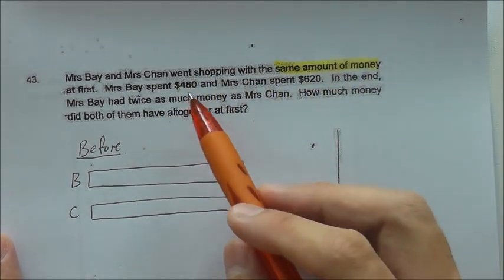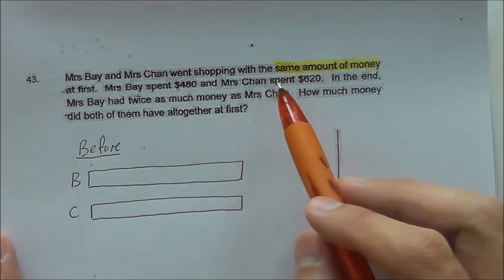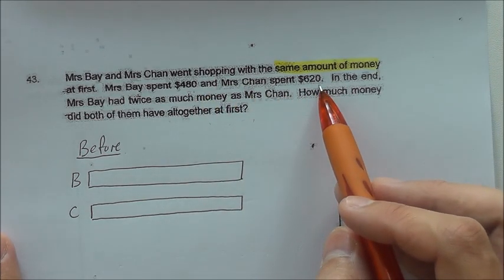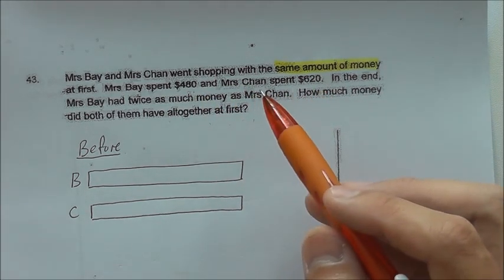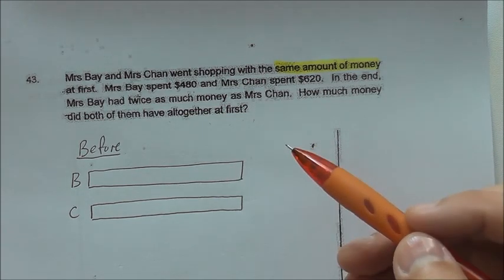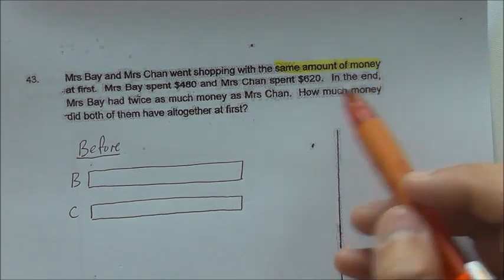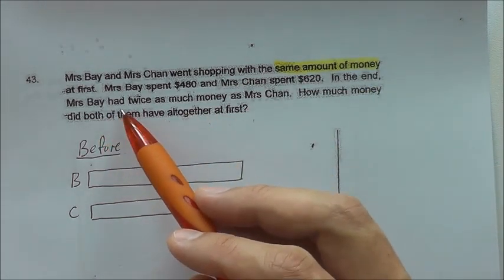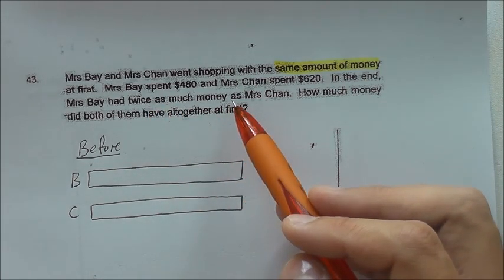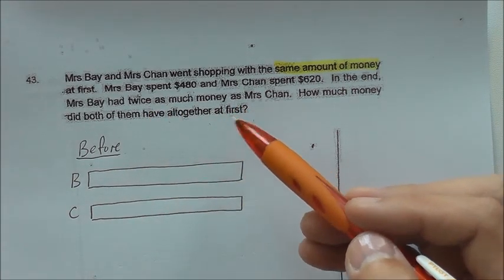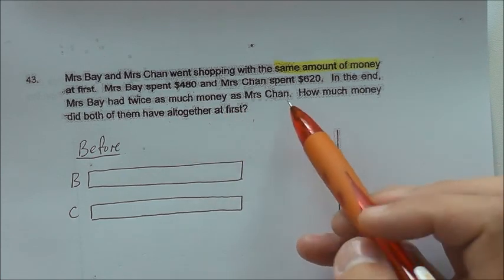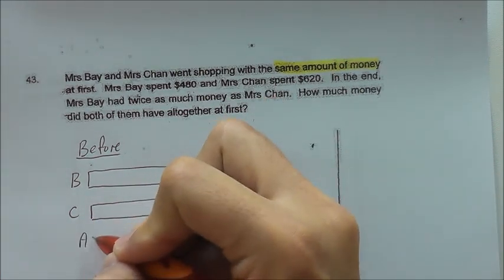And of course, Mrs. Bay spent $480 and Mrs. Chan spent $620. So of course, Mrs. Chan spent more than Mrs. Bay. And at the end, Mrs. Bay had twice as much money as Mrs. Chan.